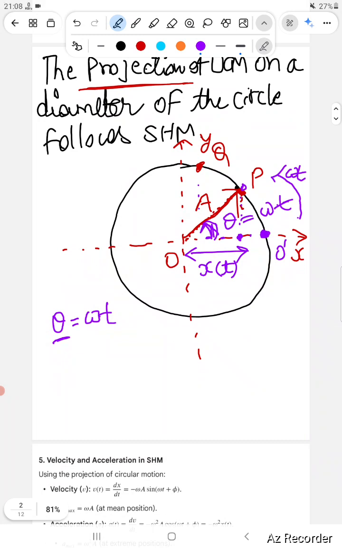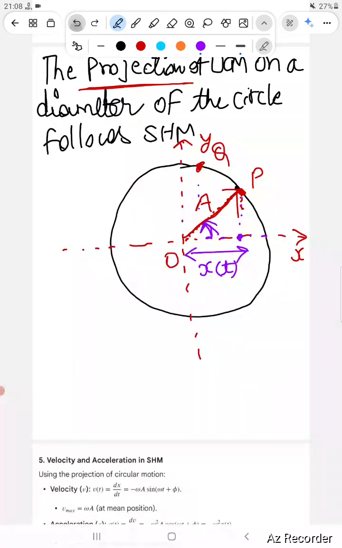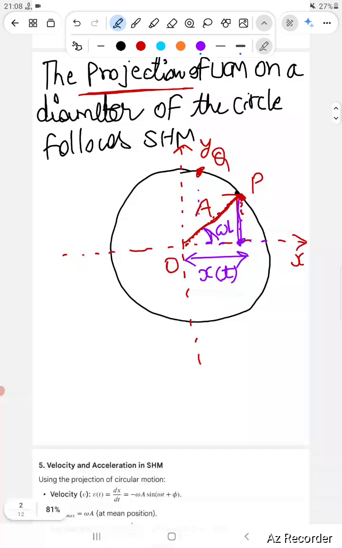So yes, now let us come back to the topic. If I ask you, what is the projection of point P on the x-axis? You will say, sir, x(t) is the projection. Okay. Sir, what is sine omega t and what is cos omega t? Cos theta is base upon hypotenuse.